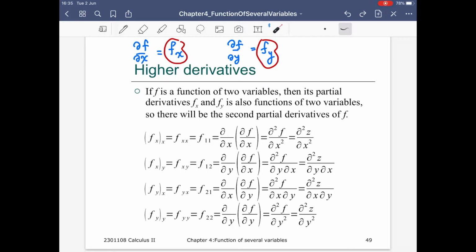So if you find the derivative with respect to y first, followed by x, then for the subscript notation you write f sub yx, from left to right. But if you use the fraction notation, you write d2f by dx dy, and the order goes from right to left.